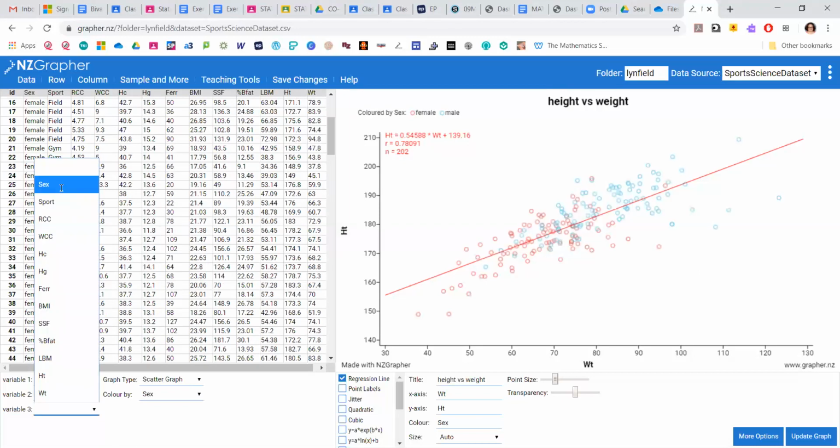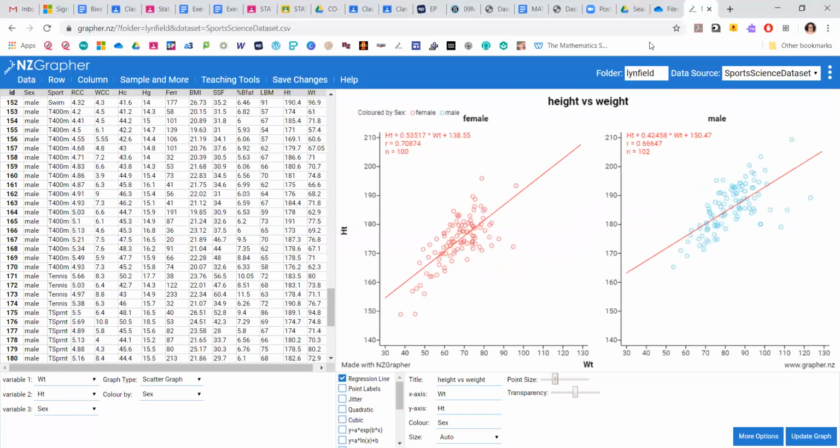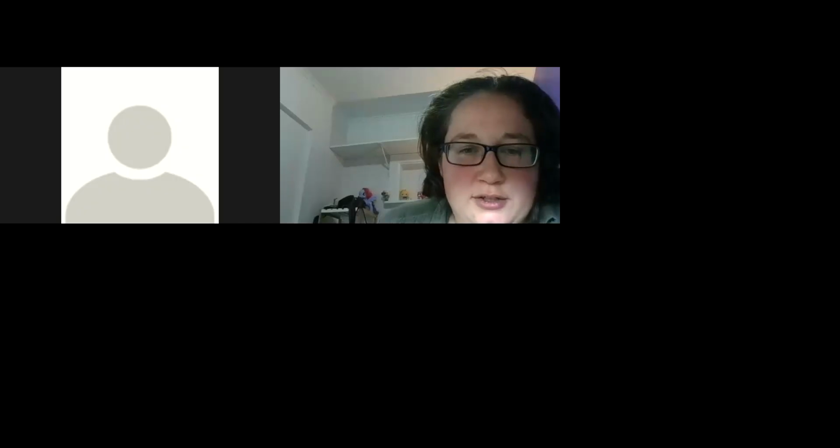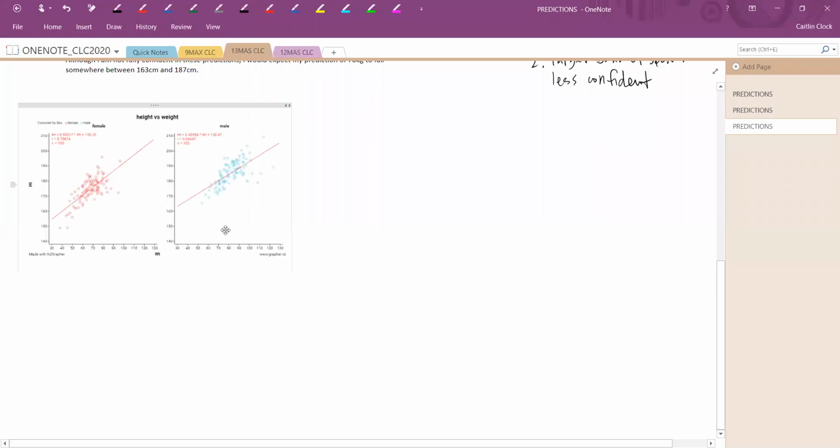If I split the graph, you'll notice that it's quite different, because usually when you split a graph, at least one of them is stronger, but in this case, both of them are weaker, which is worth noting as well. So I'll just, again, put that graph into OneNote so we can have a look and do something with that.